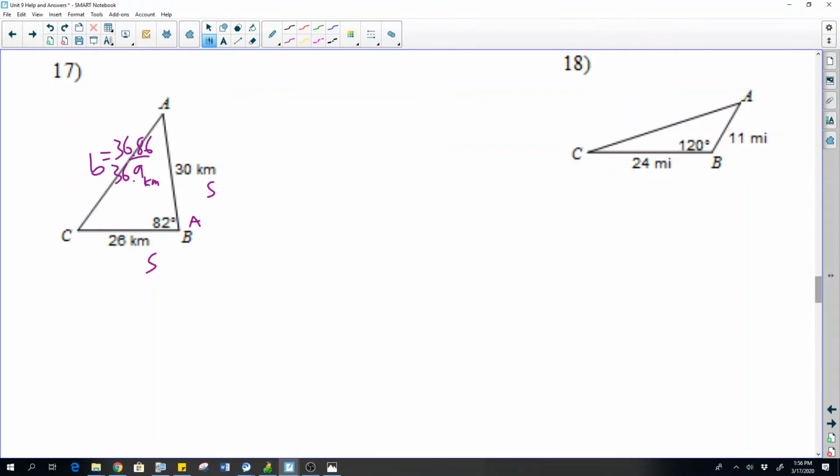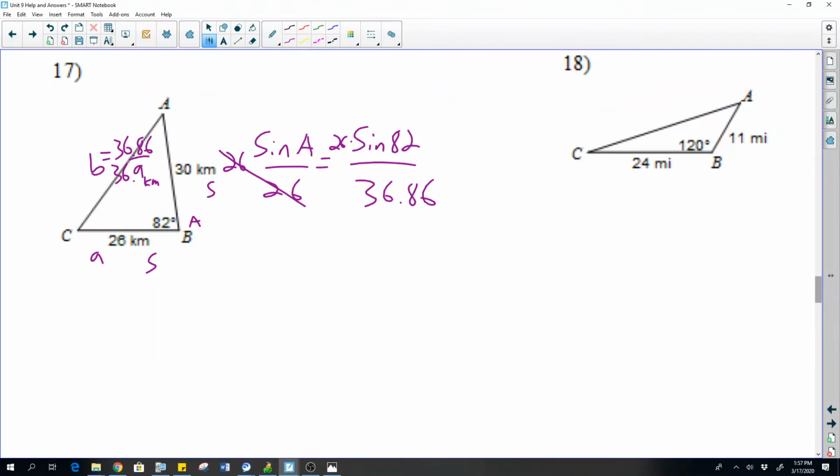So now we're going to use the law of sines. We do have little a, so we could use that to help us find big A. So sine of A over 26 is equal to sine of 82 they gave us divided by what we just found, 36.86. Then we multiply 26 to the other side, and then we do inverse sine.